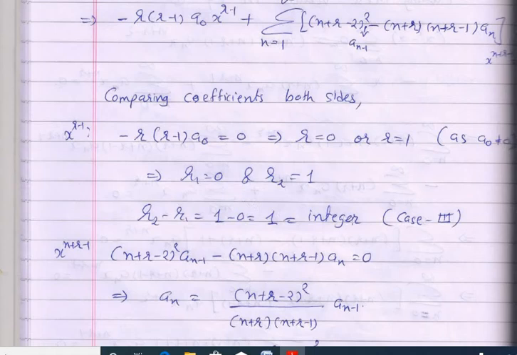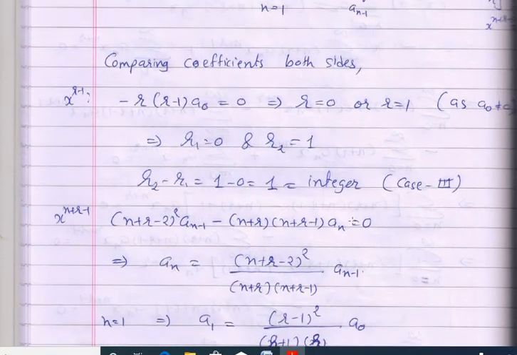Now this is our case 3. For case 3, what we have to do is check whether it is a logarithm case or a non-logarithm case. That means one of the coefficients is infinite or becoming indeterminate. So for that we are going further.